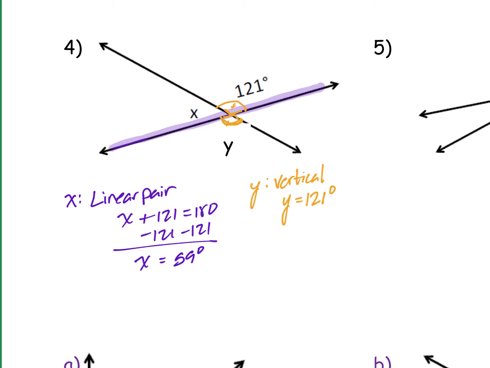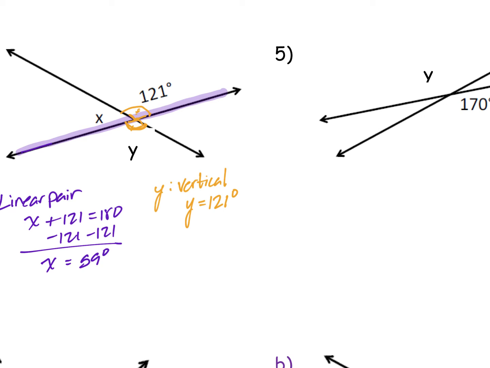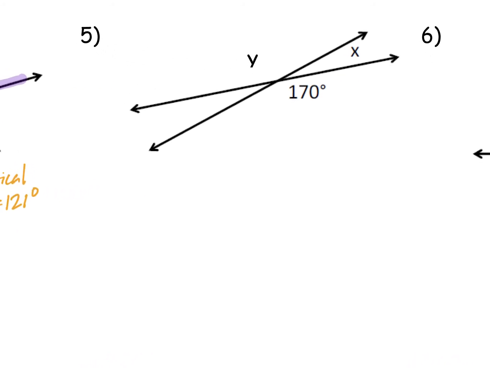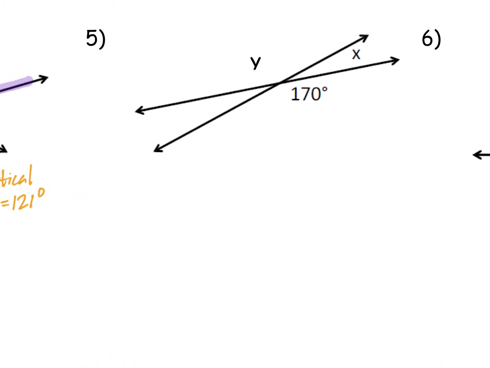Okay. All right, so let's go to number 5. Oh, we got 2 equations this time also. So what is X? What type of angle would X be to 170? Linear? Linear, good. And I would say x plus 170 equals 180.